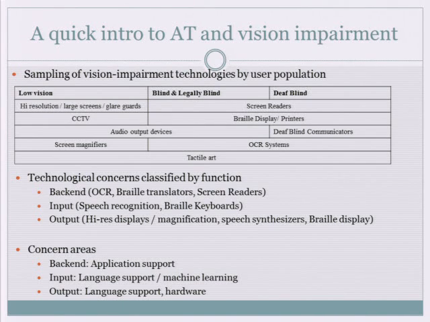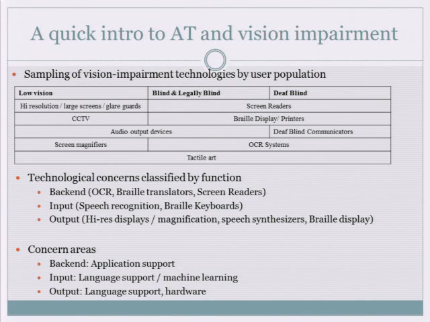Now, the concern areas, the way I've defined these very broadly, is on the back end, there is application support. So you have several existing screen readers, but you have more and more applications coming about, and the screen readers are trying to keep pace with supporting these applications appropriately, especially as you have new screen readers which are not proprietary, open source.